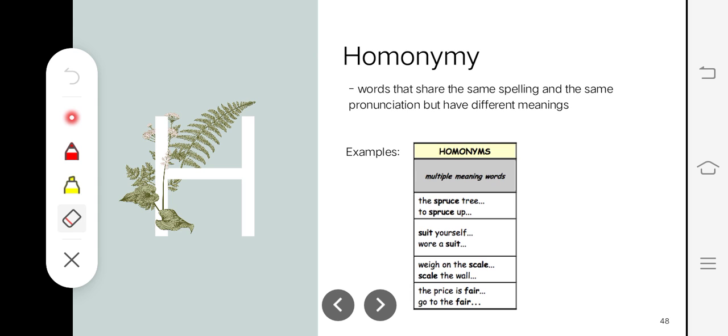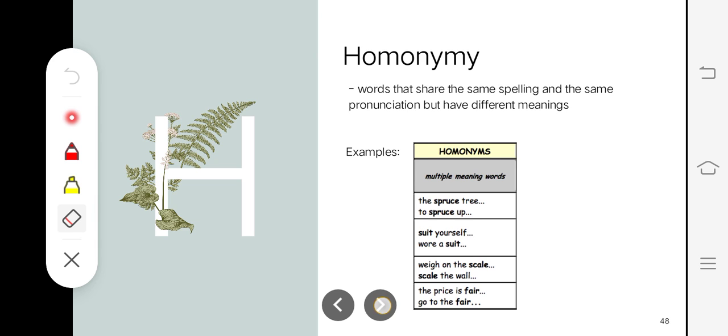Suit yourself, wear a suit. Weigh on the scale, scale the wall. The price is fair, go to the fair. So they all have the same spelling and the same pronunciation, but their meanings are different.